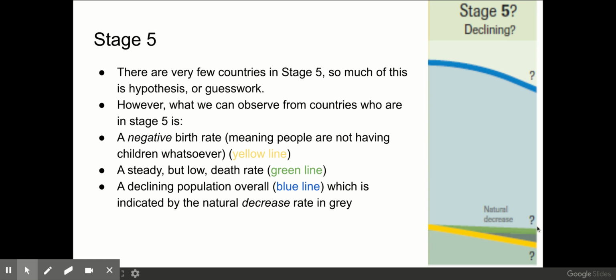So people are still dying, but it's almost flat. There really is no increase, nor is there a decrease. And we see a declining population, which is indicated by the natural decrease rate here in gray. So if you have people having fewer children and the same amount of people dying, that is going to lead to a decrease in population.